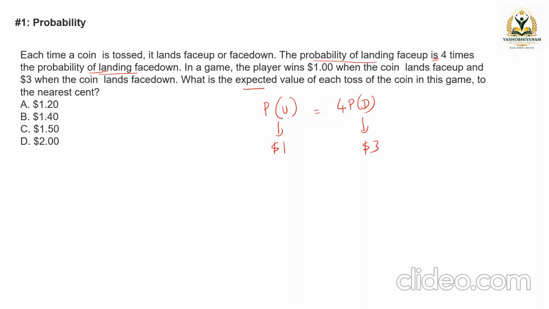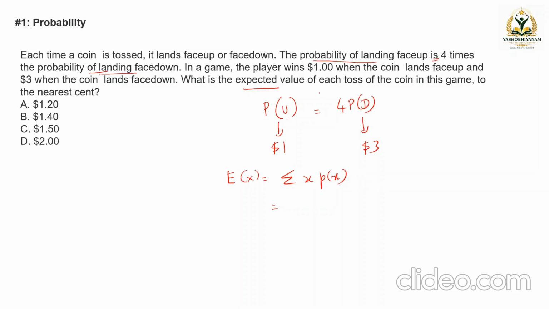Let's try to understand the meaning of expectation. Expectation is sigma x times p of x, that is the value times the probability of that value, summed over all values. So that could be x1 times p of x1, x2 times p of x2, x3 times p of x3, and so on.